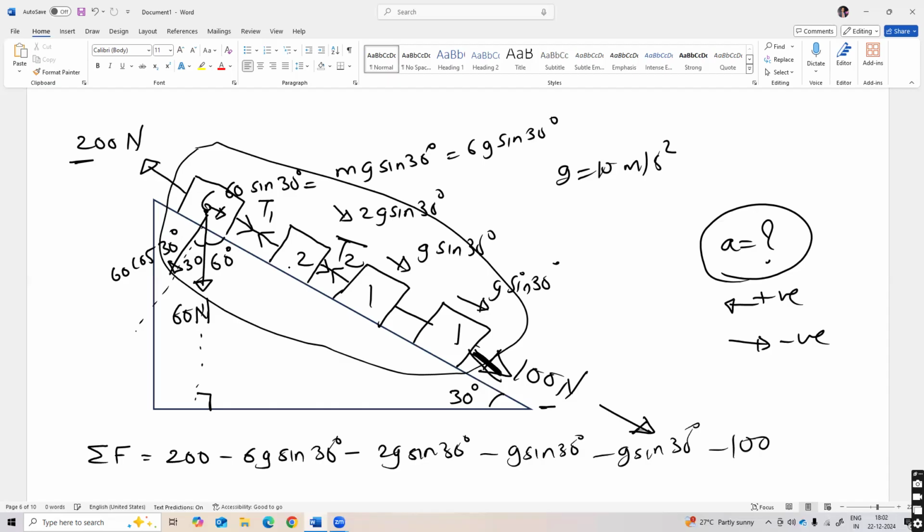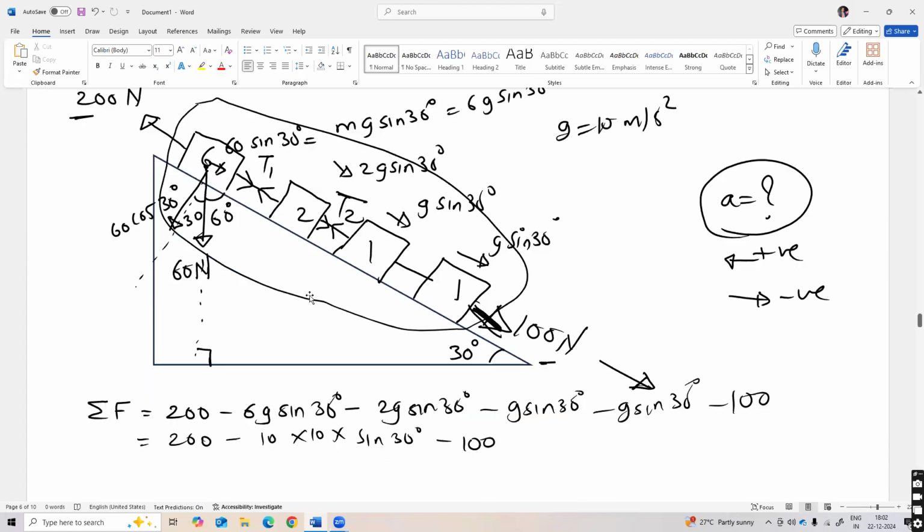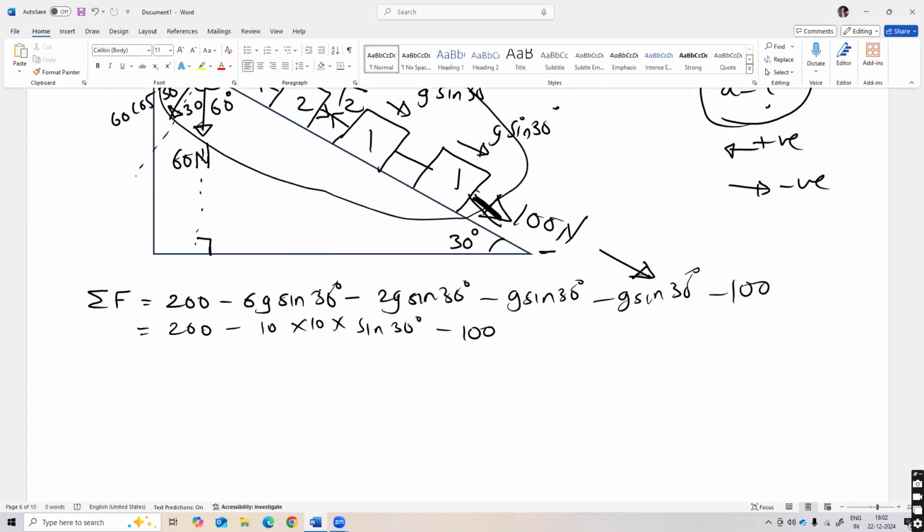So it will be equal to 200 minus 10g sine 30 minus 100. g is 10, and sine 30 is 1 by 2, you know. So 200 minus 100 is 100, minus 10 into 10 is 100, into sine 30 which is 1 by 2, that is equal to 50.